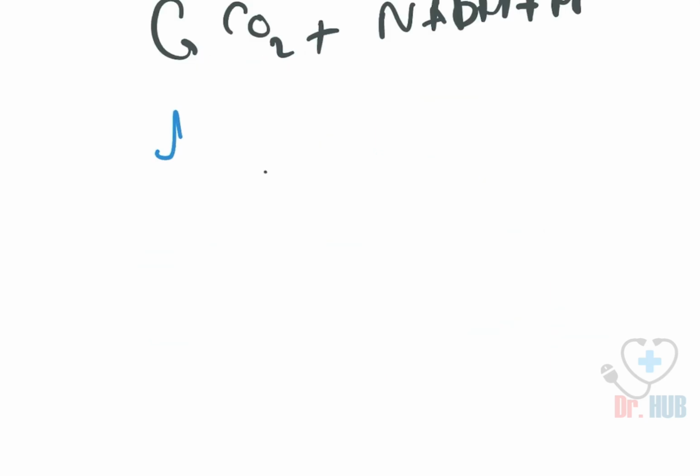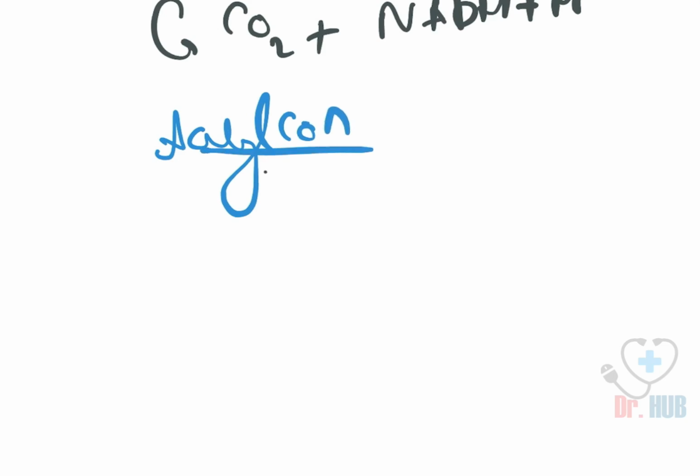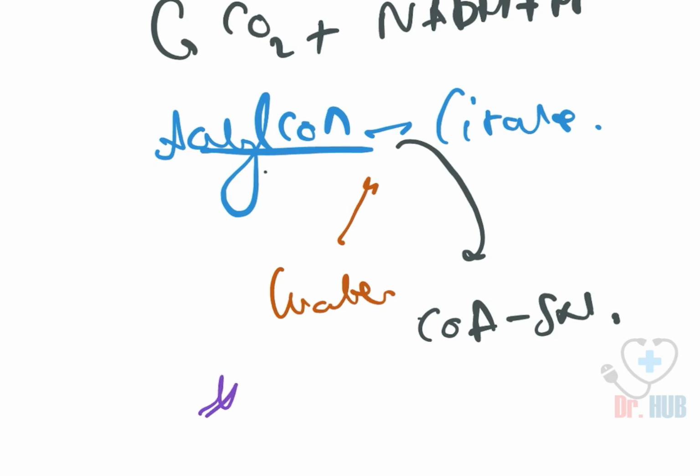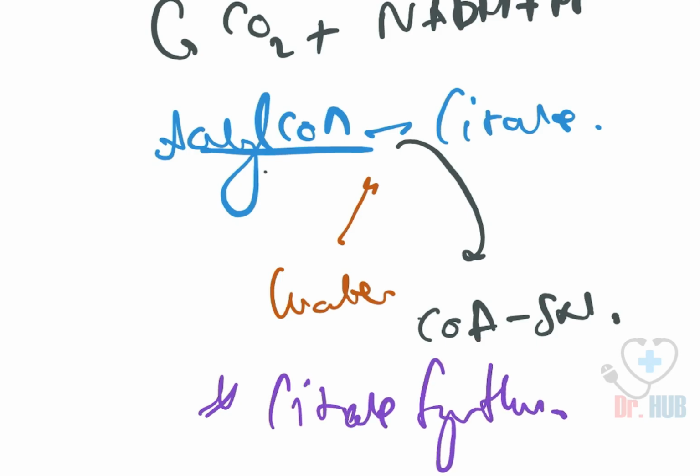Next, we see that the acetyl CoA adds on to the oxaloacetate to form citrate. Here there is addition of water and the release of the CoA. The enzyme involved in this process is the citrate synthase.